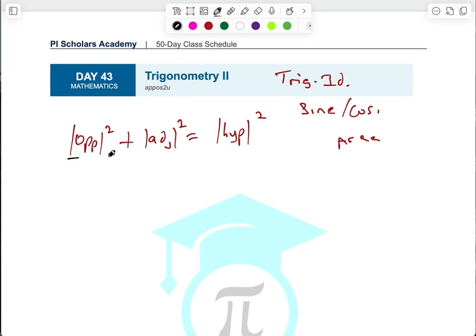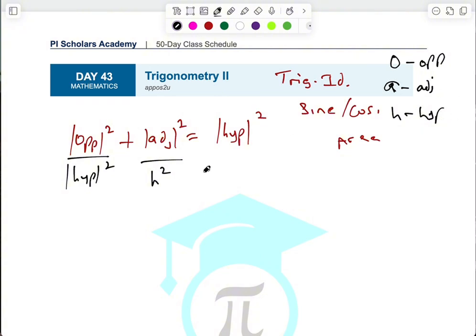Permit me to just be using O for opposite, A for adjacent, and H for hypotenuse. So divided by hypotenuse squared.